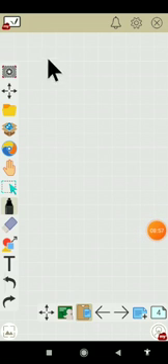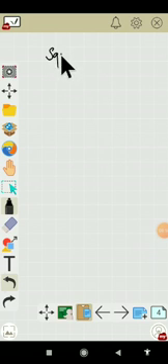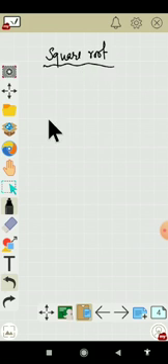So students, now look at one new thing, that is square root. What is square root?